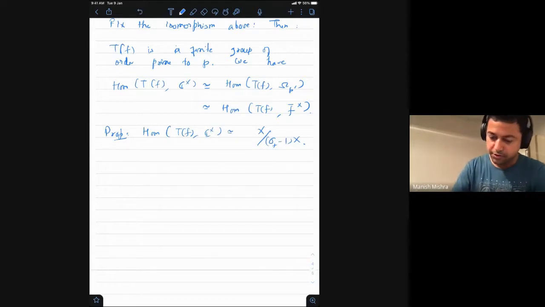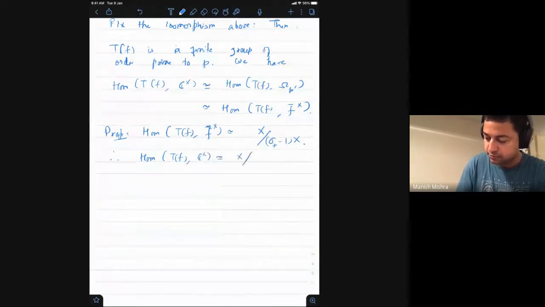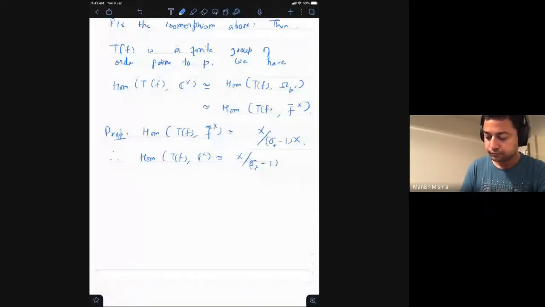So I meant to write this F bar star, and therefore Hom(T^F, C star) is isomorphic to X / (sigma_F minus 1)X.